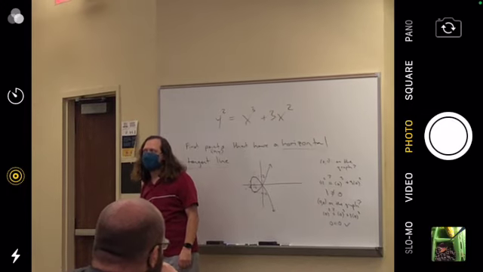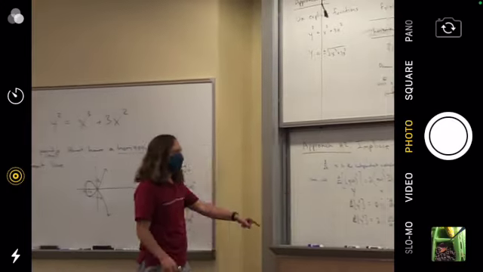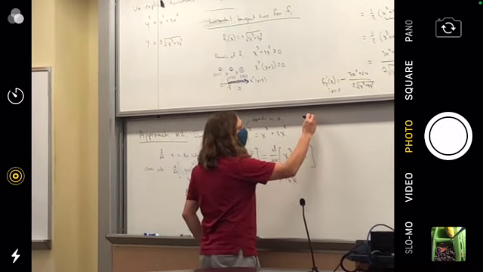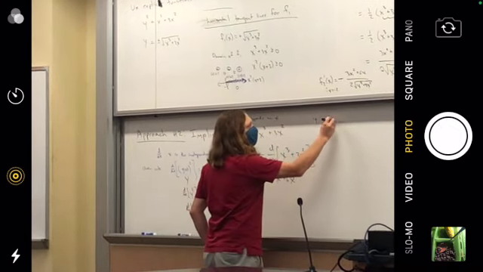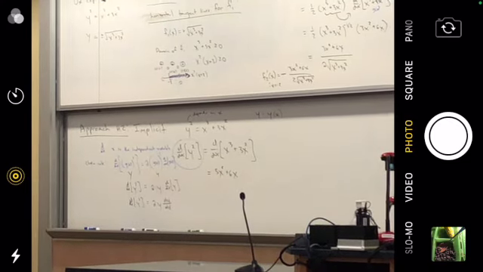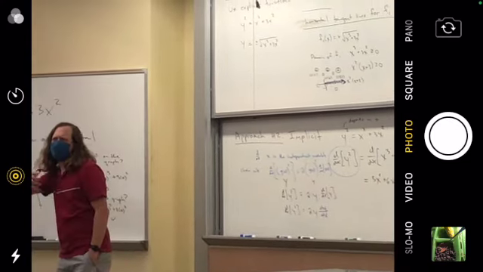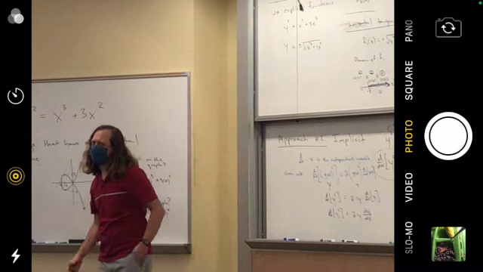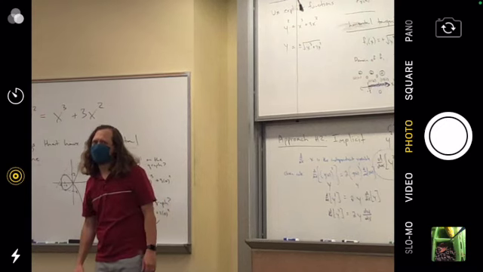Y depends on x. So when we do all this, when we write y's here, we're really thinking this is y of x. y depends on x. Now it just looks like a function, right? But you can't say f of x. No, I can't say f of x, I'm saying my y coordinate depends on x implicitly.